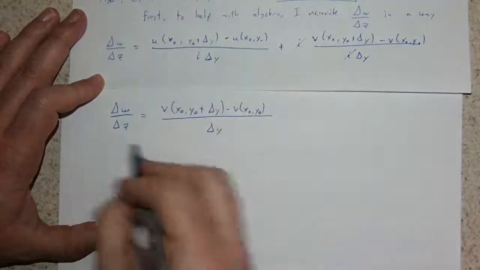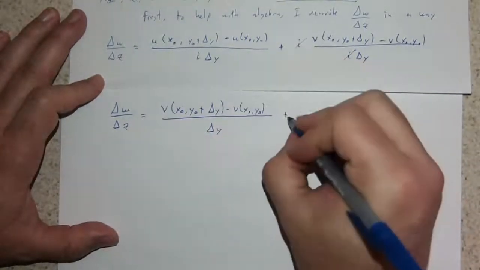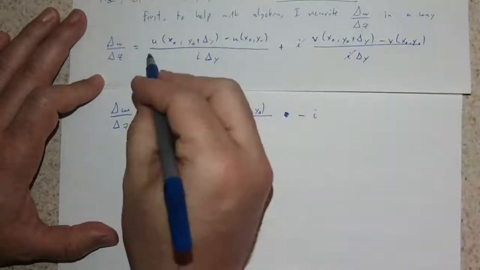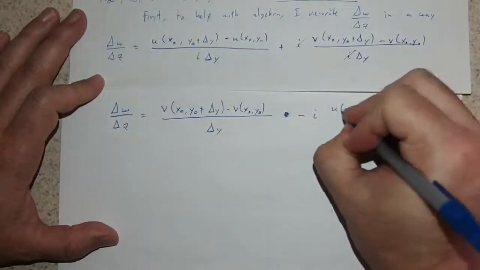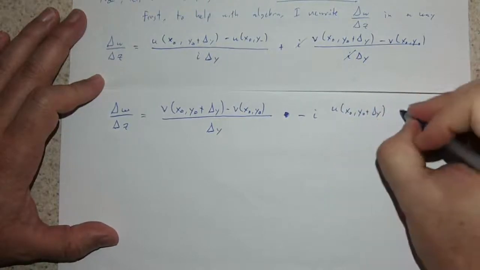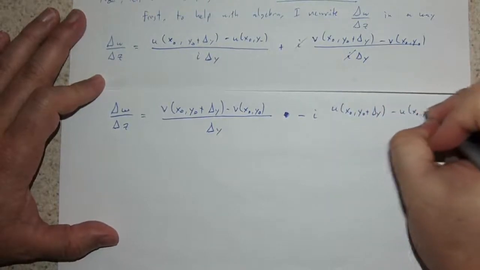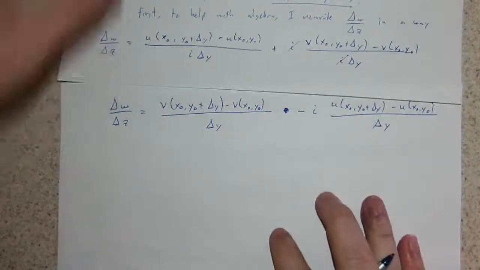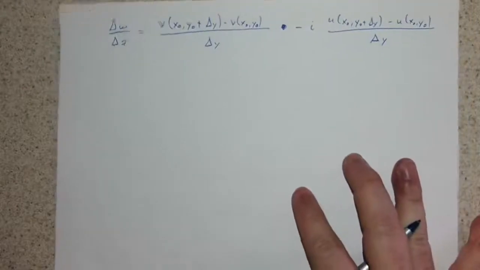That's the real part of this expression. Minus i times this expression: u of x naught y naught plus delta y minus u of x naught y naught over delta y.